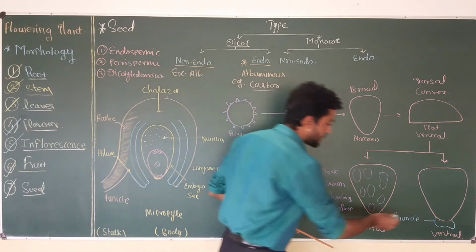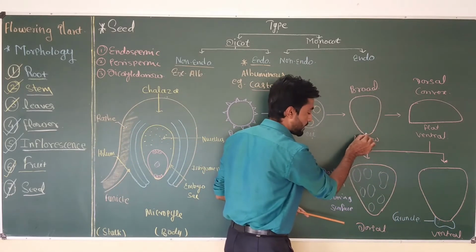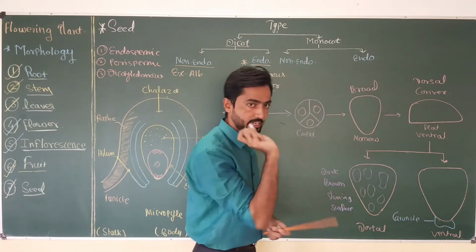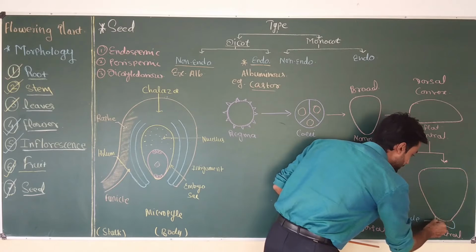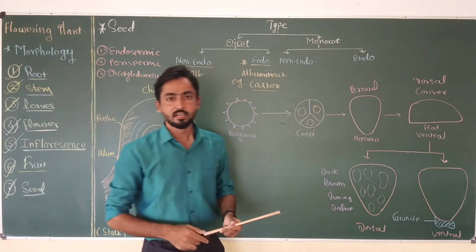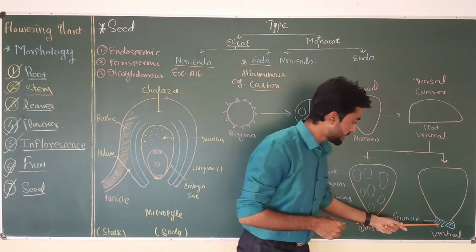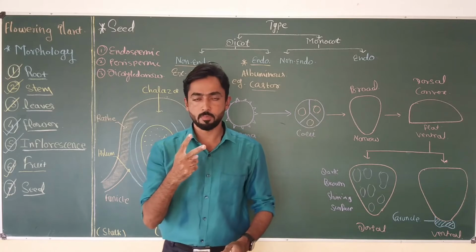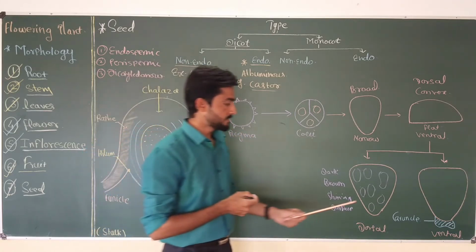Okay, now this caruncle is present at the narrow end when we observe the seed from the ventral side, and this caruncle is a spongy white bilobed structure. Here you can see two lobes. Okay, and there are two important functions carried out by this caruncle.